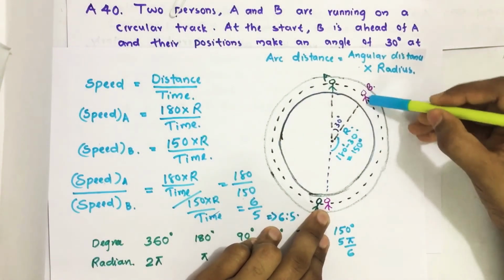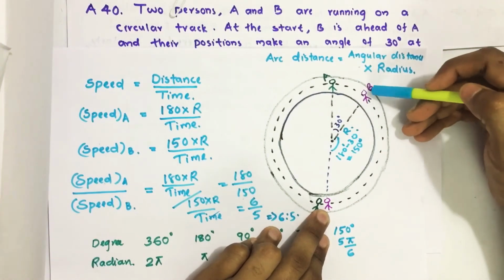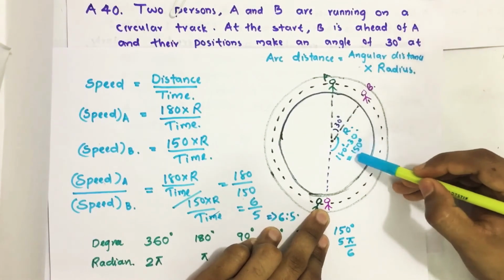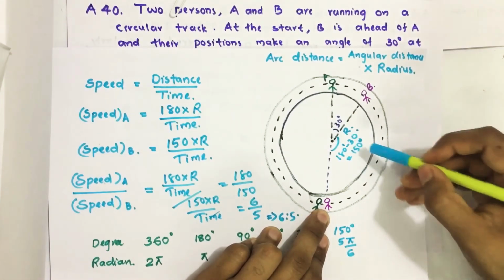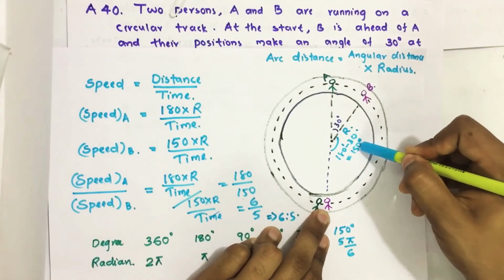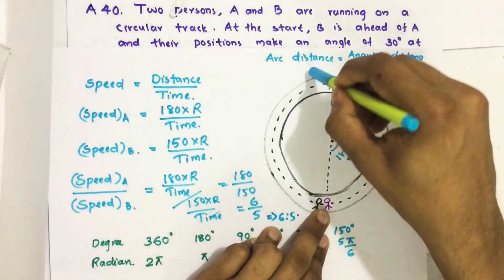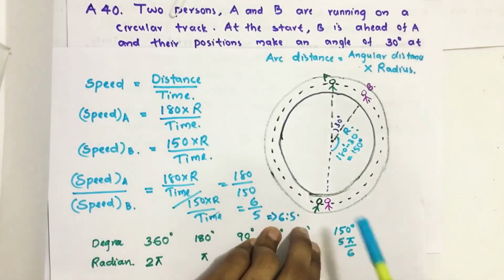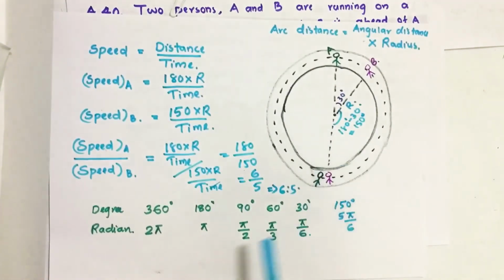Similarly, here the angular distance traveled by B equals 180 minus 30 degrees, we get 150 degrees. So 150 degrees into radius, we get the arc distance of B. Now let us see.